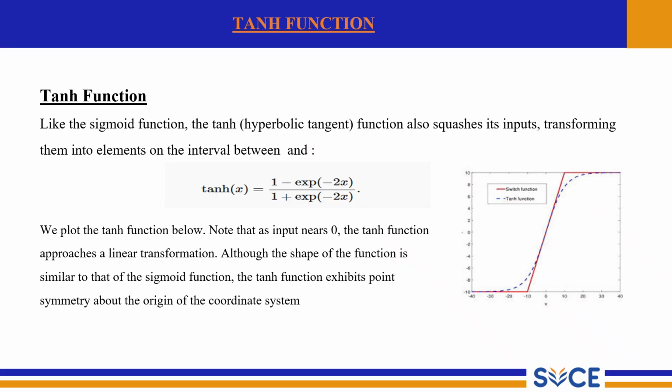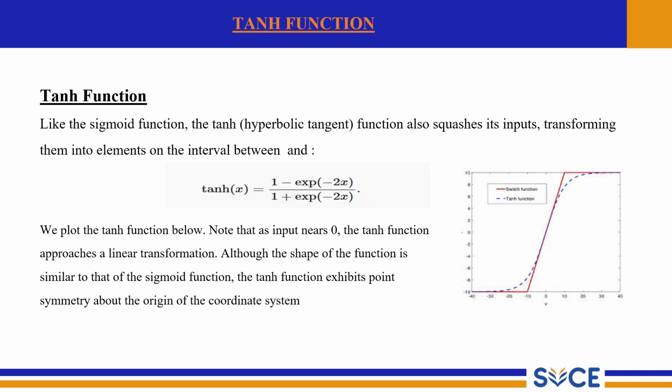Tanh function. In short, the hyperbolic tangent is another classic activation function in neural networks. Like the sigmoid function, tanh squashes its input, but instead of mapping values to the range between 0 and 1, it transforms them into the interval between minus 1 and 1.